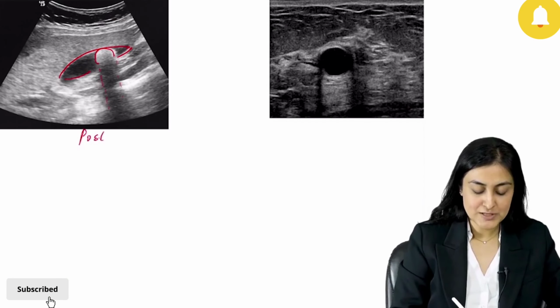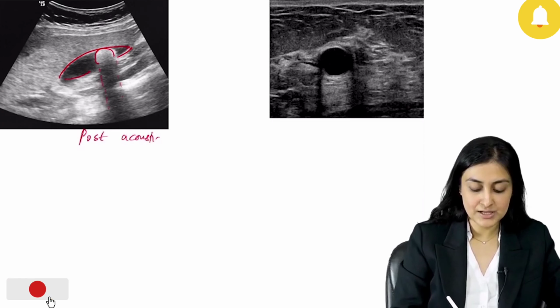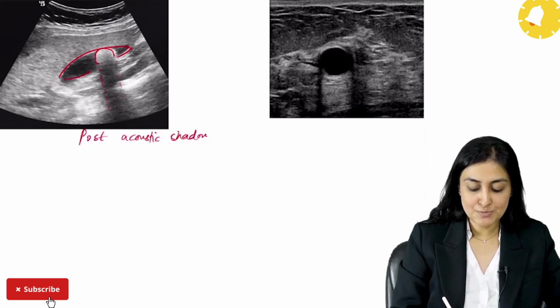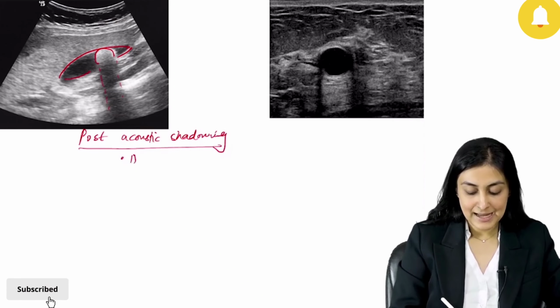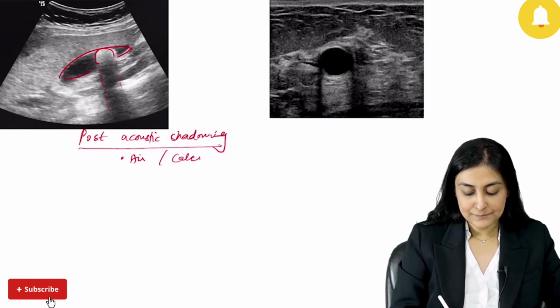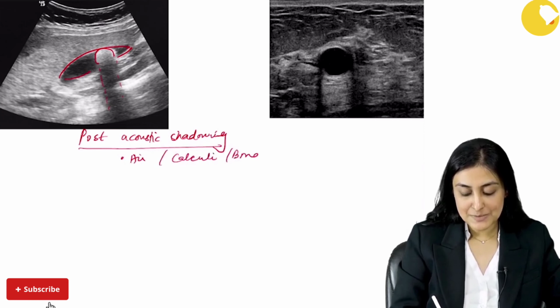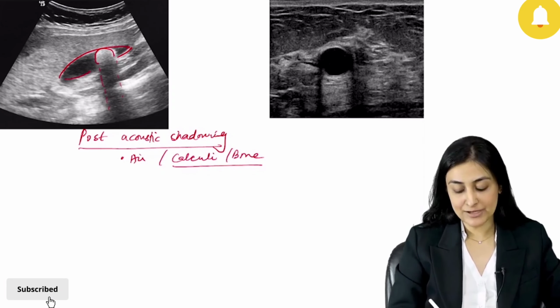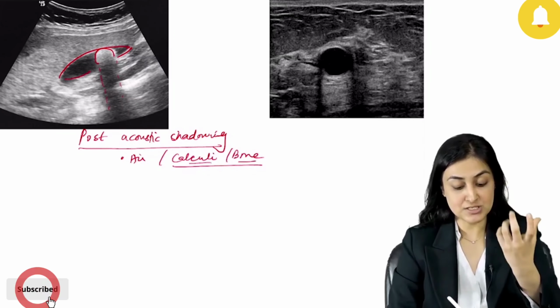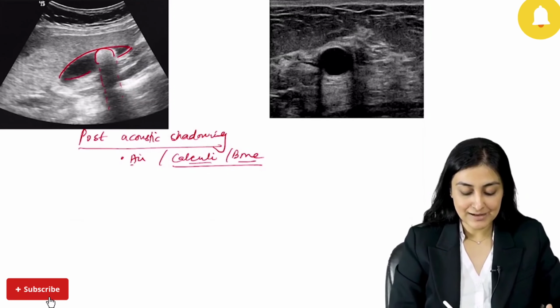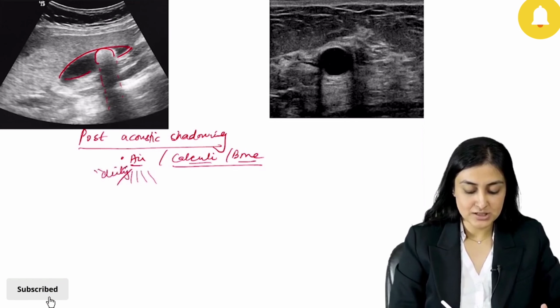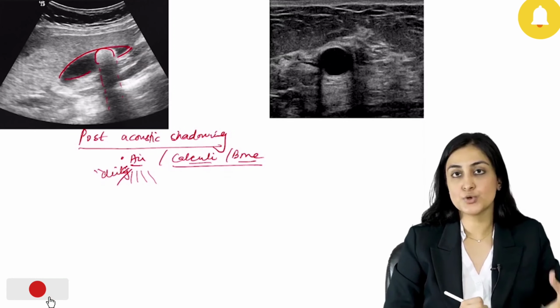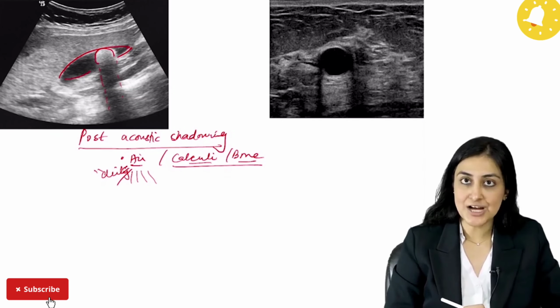This is referred to as posterior acoustic shadowing, which would be produced by any dense structure, like air or calculi, remember, or bone. Bone and calculi will produce this pitch dark shadow, while air will produce this dirty kind of shadowing, that is referred to as dirty shadowing. So all three of these produce posterior acoustic shadowing.